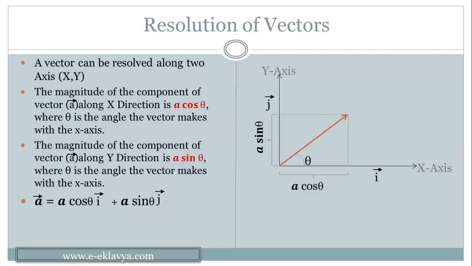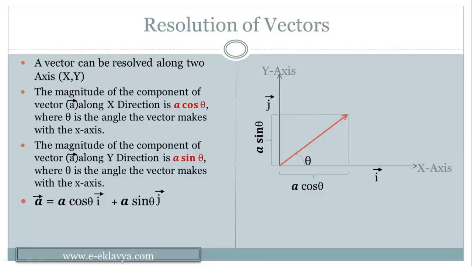Okay, now here what we are talking about is resolution of vectors. What do you mean by resolution of vectors? A vector is generally denoted by an arrow.